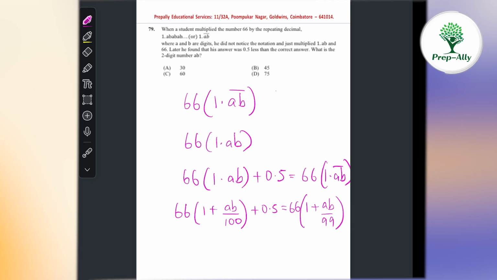And if you don't know how to do this, 0 point AB bar, take this as x, then 100x will be equal to AB point AB bar, and 100x minus x, that is 99x, equals AB point AB bar minus 0 point AB bar, which is AB.